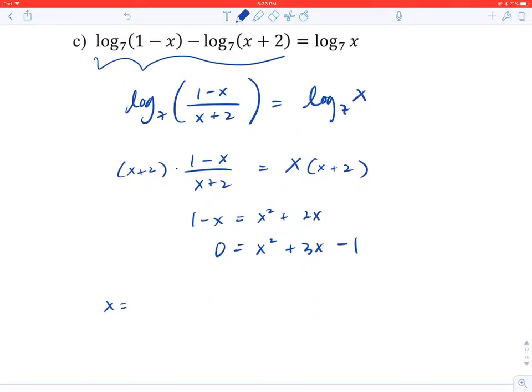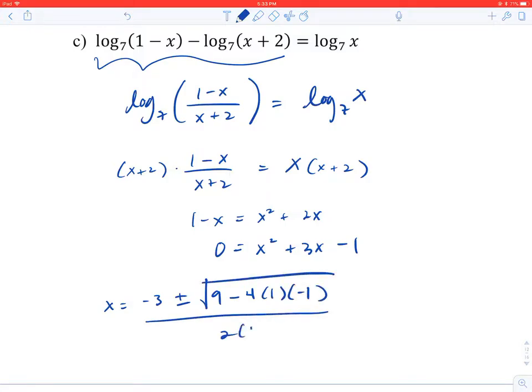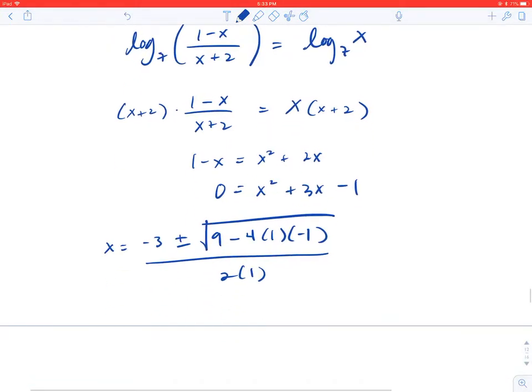Not factorable, so we have to use the quadratic formula. So negative 3 plus or minus the square root of b squared minus 4ac, all over 2a.